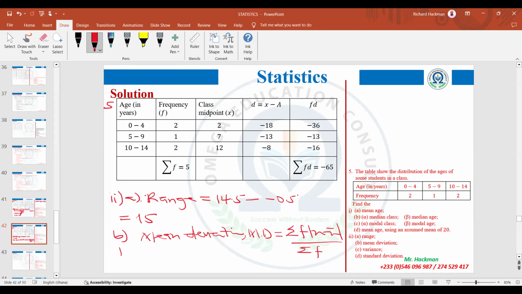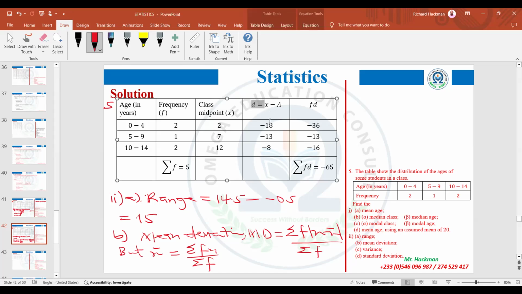I will need my X bar, which is sigma Fx over sigma F.